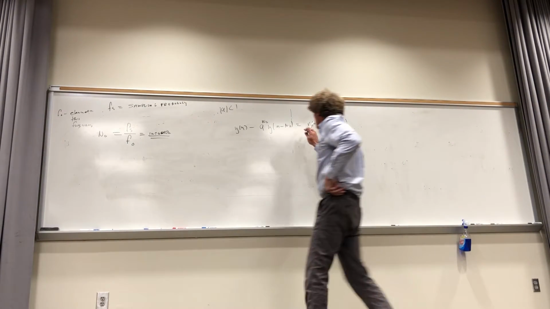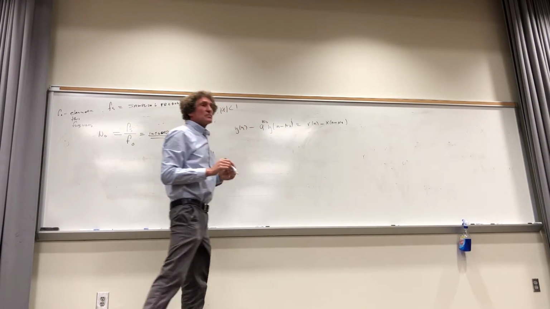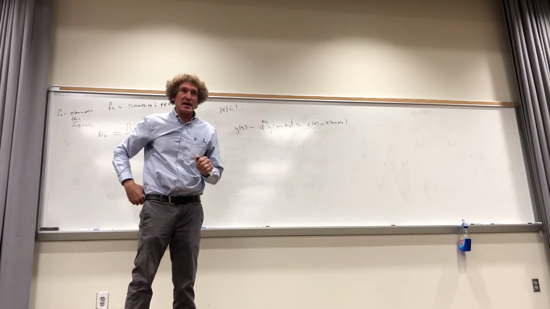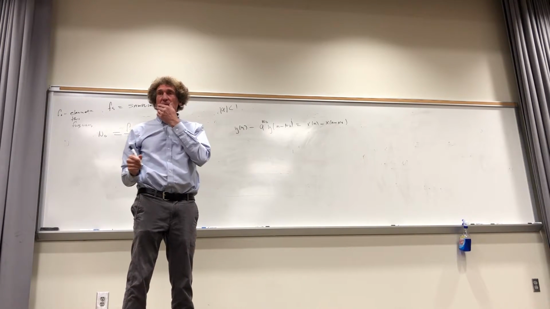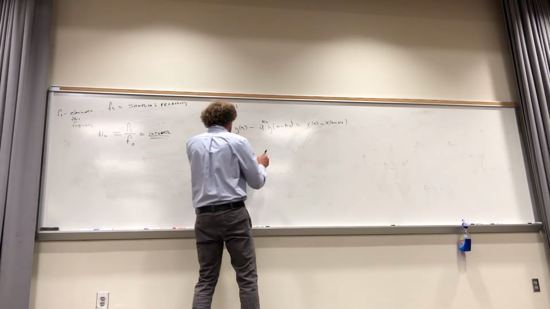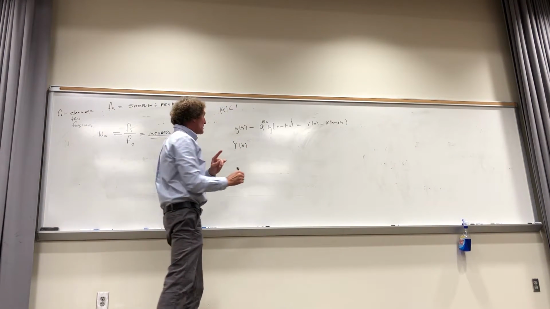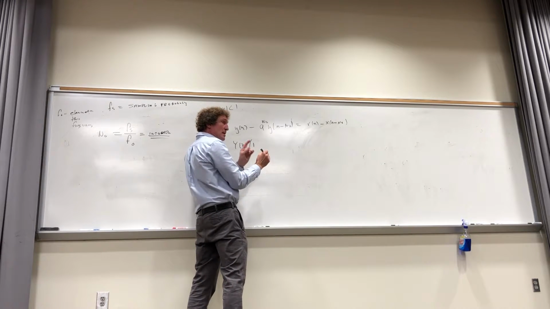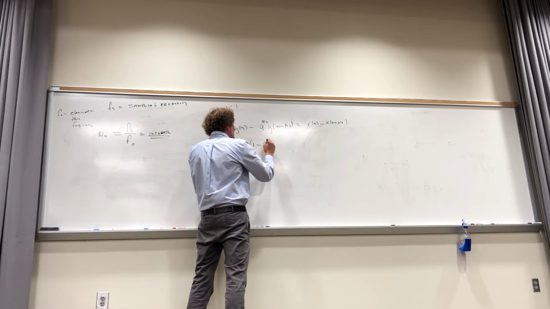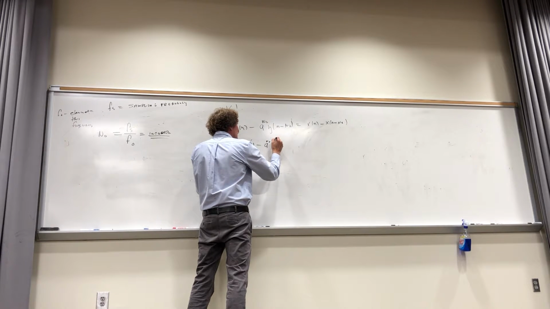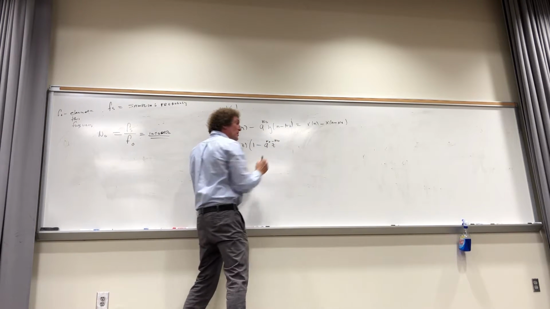Now, this, of course, I wrote in terms of a difference equation. I just stated that. I didn't prove it. I didn't develop it. But if we take a look at the Z transform of this, it would be y of z, right? Then it would be times what? 1 minus a to the n naught, right? Times z to the minus n naught. You all follow me what I'm doing here?